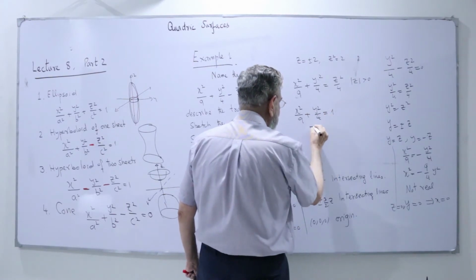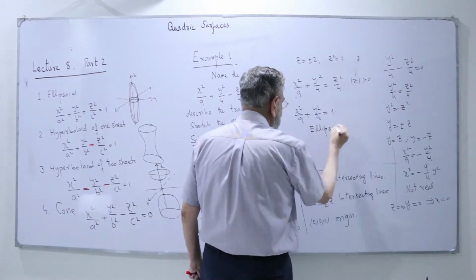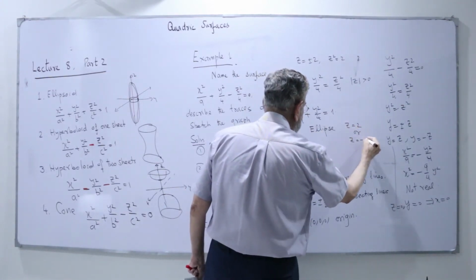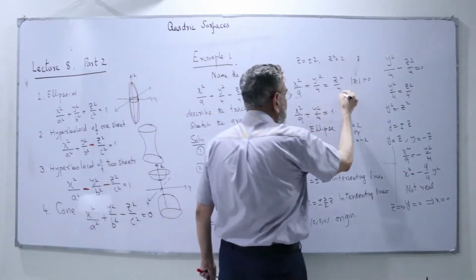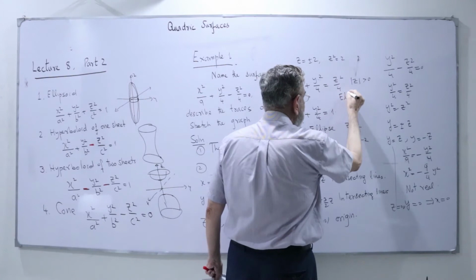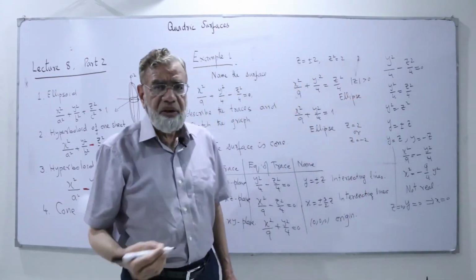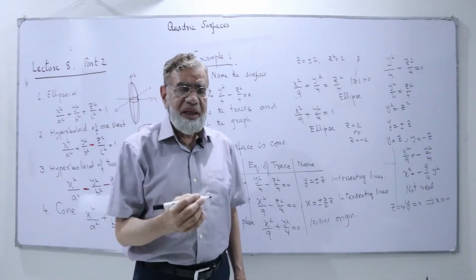And what is this? This is our ellipse. So we have the graph ellipse when z equal to 2 or z equal to minus 2. So it means for each value of z bigger than 0, we get here the ellipses. We have z equal to 1, z equal to 2, z equal to 3, z equal to minus 1, z equal to whatever we write, we get the ellipses.